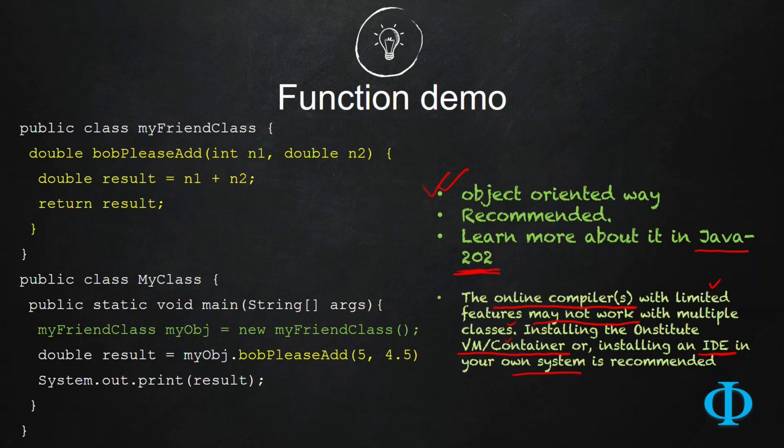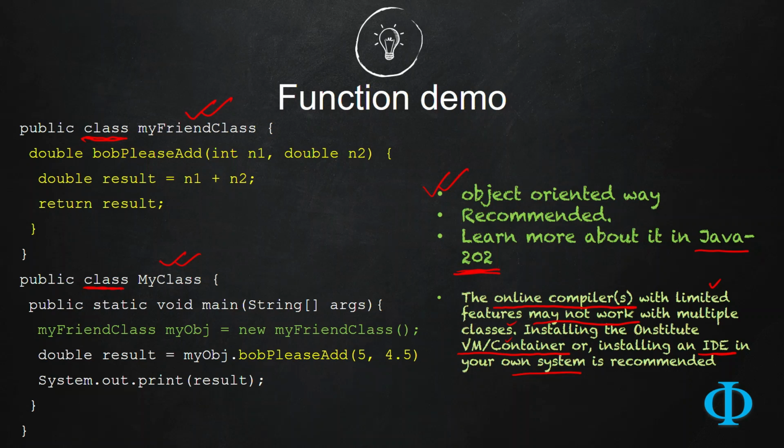So now let us see how to use a Java function in an object-oriented way. Here, to facilitate the discussion, I have created two different classes. The first class is named MyFriend class, and the second class is named My class.